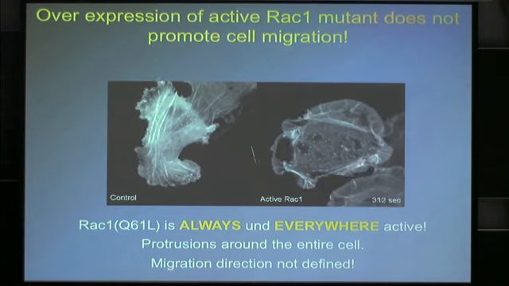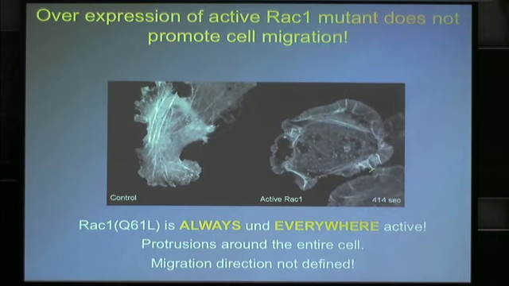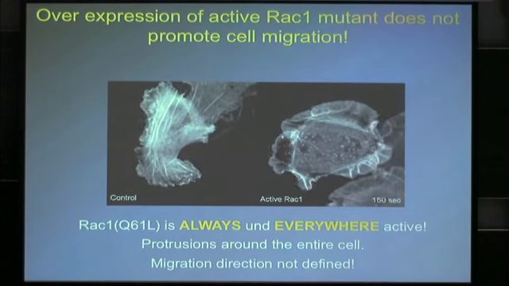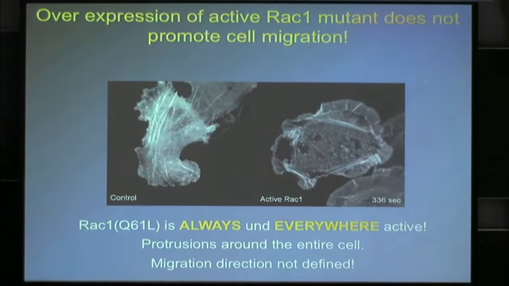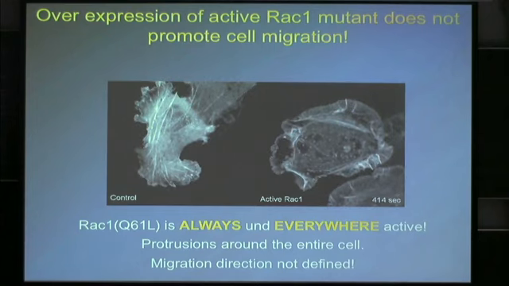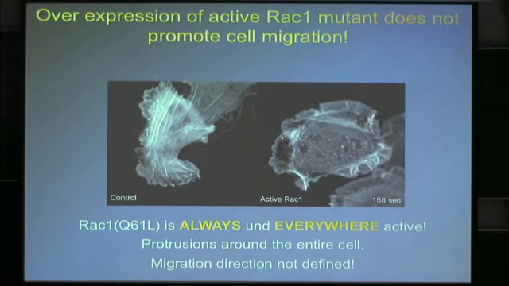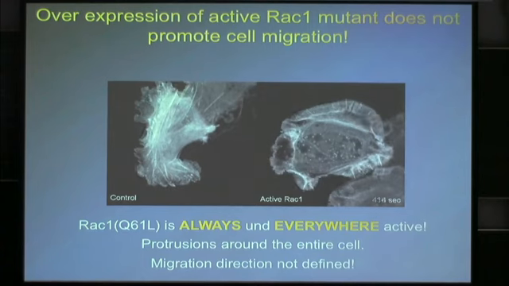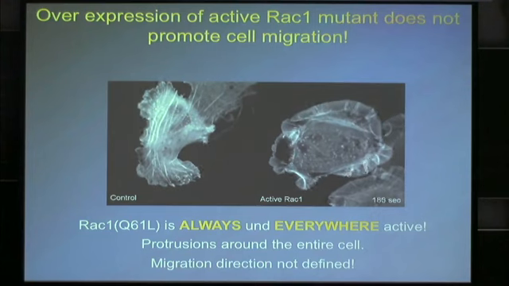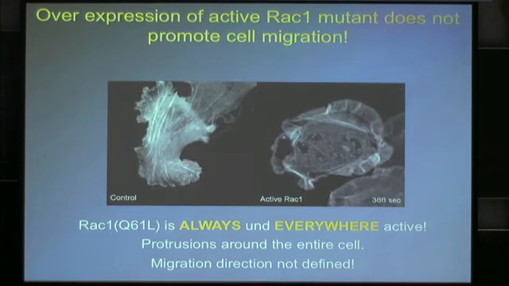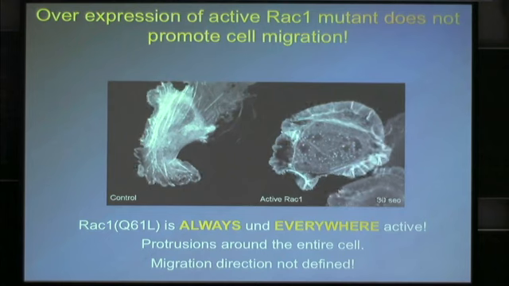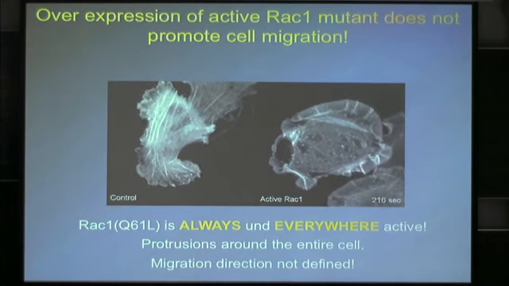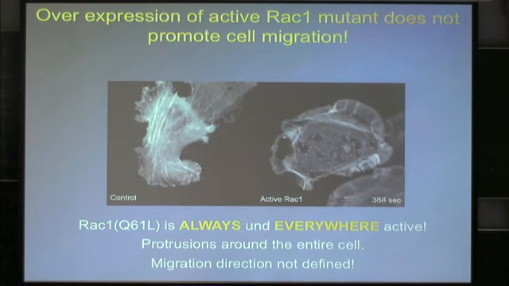So we have those nice lamellipodia arising everywhere. And one would naively maybe assume that now the cells would migrate faster, but of course it's exactly the opposite. The cell migration is inhibited if you have a mutant like this in cells, in any cell as far as I know, actually.